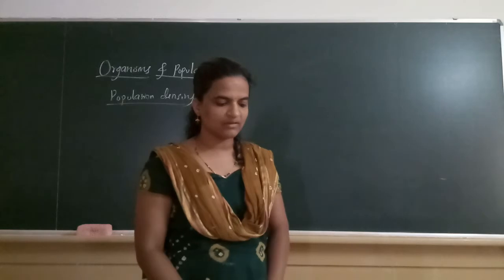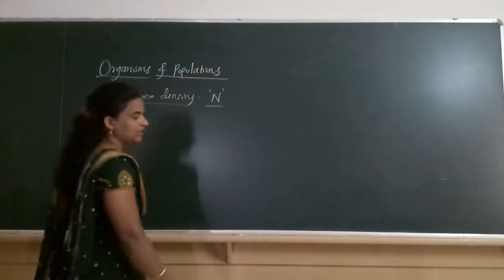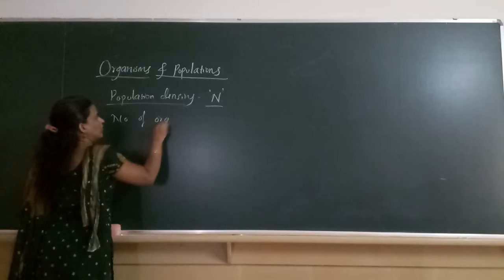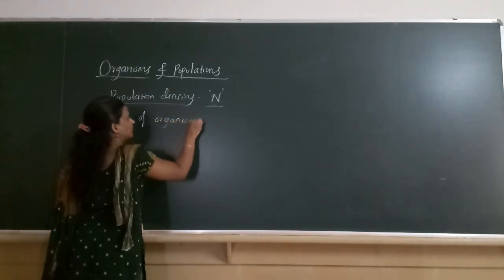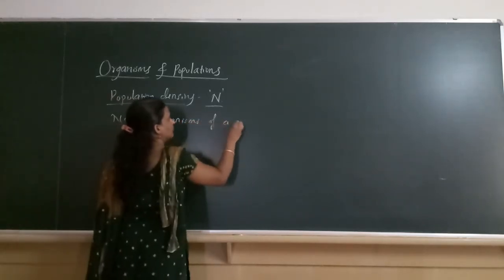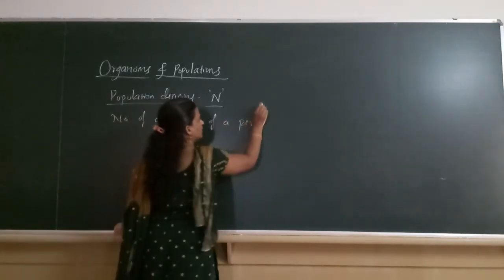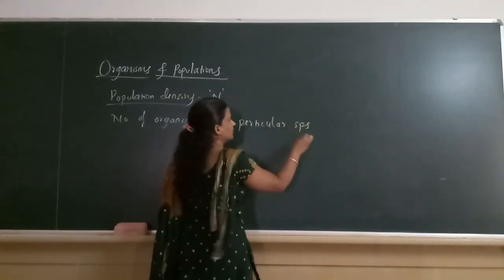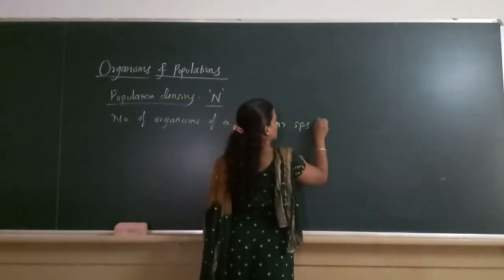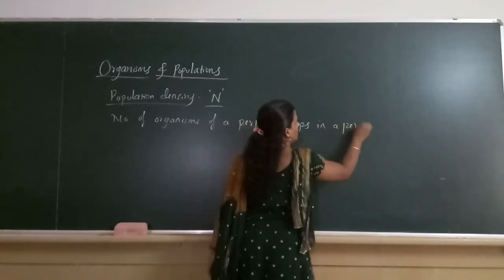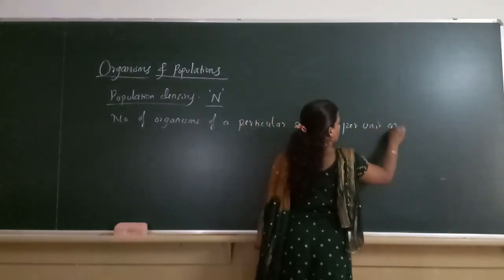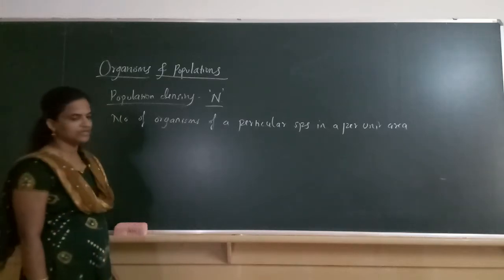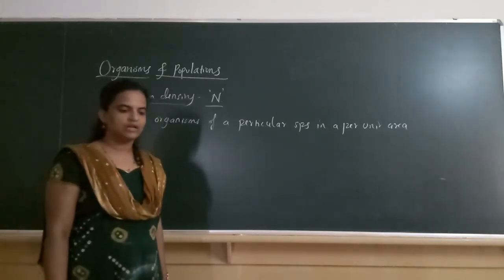The number of organisms of a particular species per unit area is called population density, and it is represented by capital N.